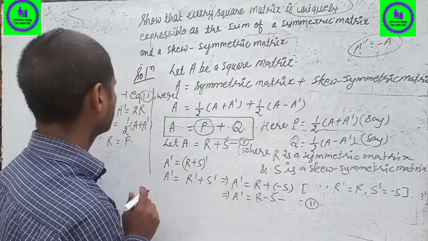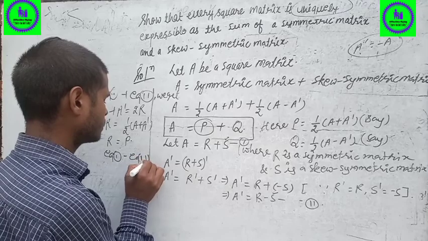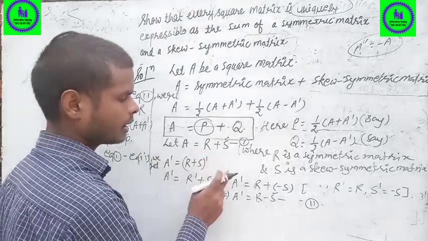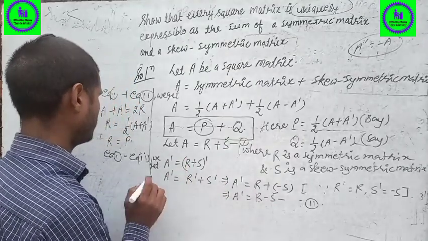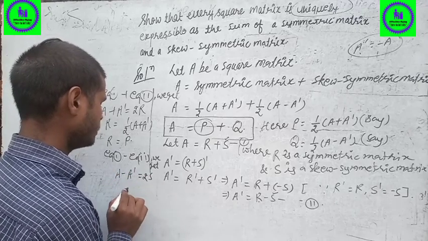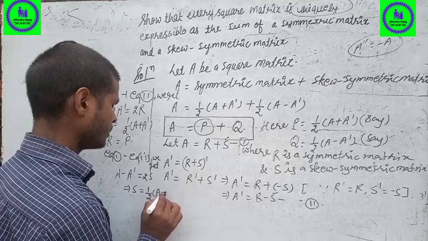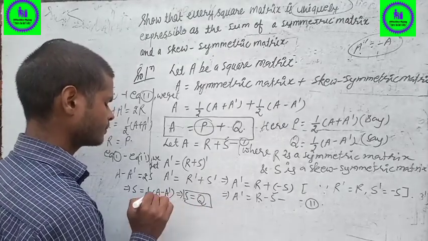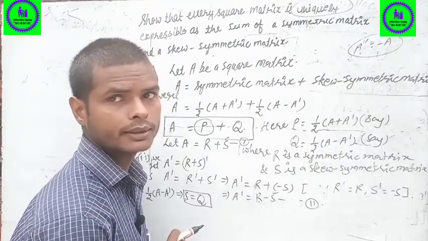Now equation first minus equation second, we get R cancels, S plus S, 2S, so A minus A dash is equal to 2S. Then S is equal to 1 by 2 (A minus A dash). It means the skew symmetric matrix is also unique.